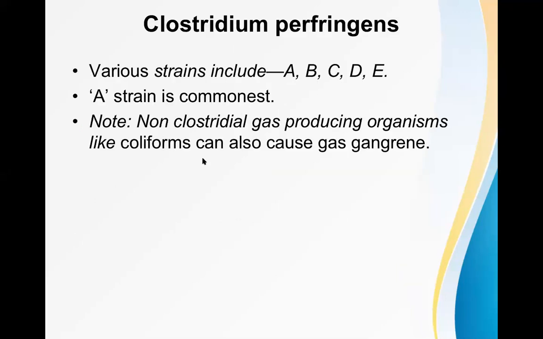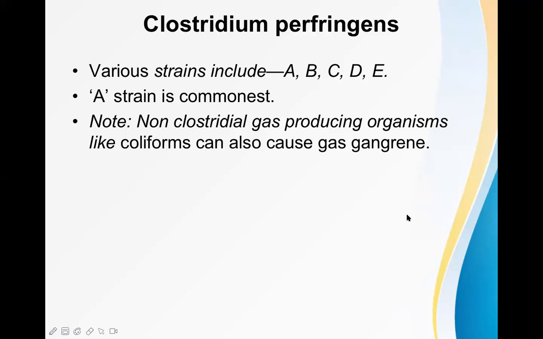Now there are various strains of Clostridium perfringens, from A to E. Among them, the A strain is the commonest one. One small point to note: non-clostridial gas-producing organisms like coliforms can also cause gas gangrene.